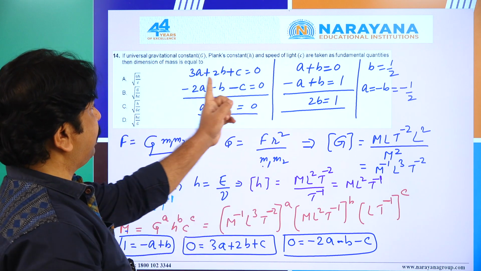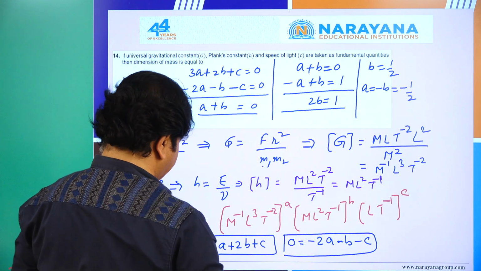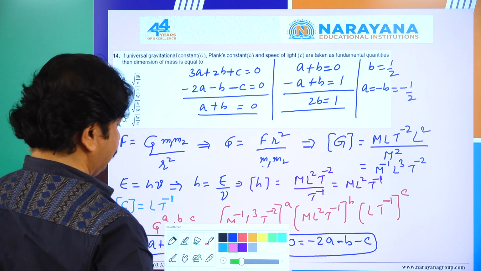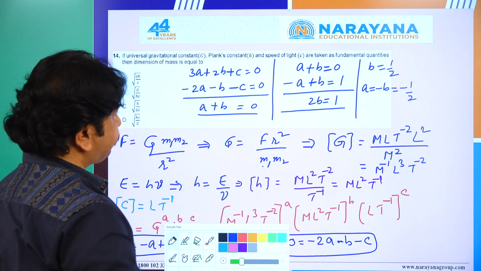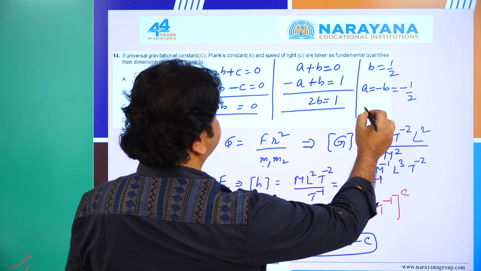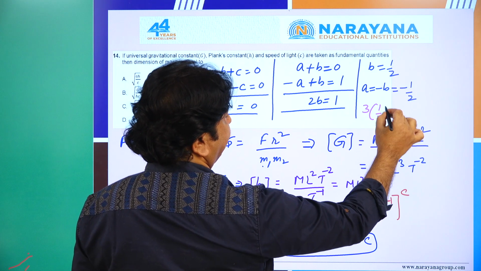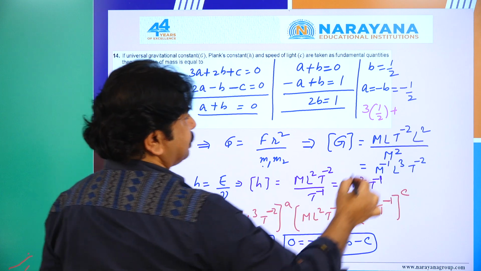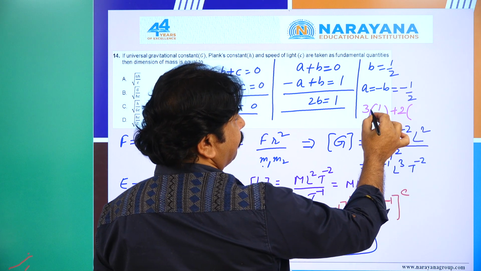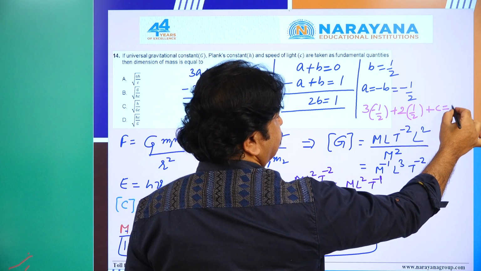Substituting in the second equation: 3 into minus 1 by 2 plus 2 into 1 by 2 plus c is equal to 0.